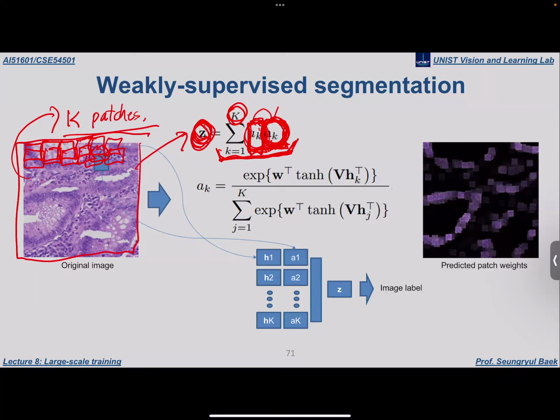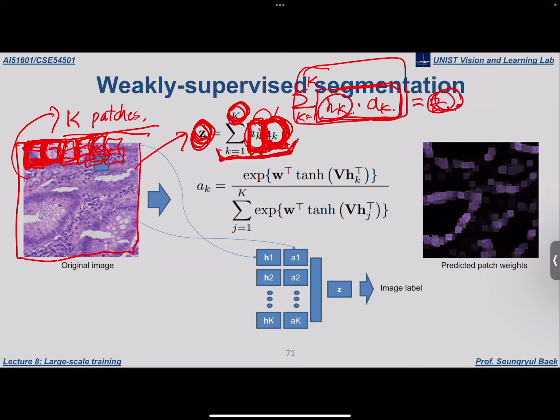So this hidden layer Z is one vector which represents the features for the whole image. First, we extracted K patches from the image, and for each patch, we extract H of K, which is the feature for each patch, and also A of K, which is the weight for each patch. Then by summing these, we get Z, summing over all the patches. And that is now representing the image's feature.